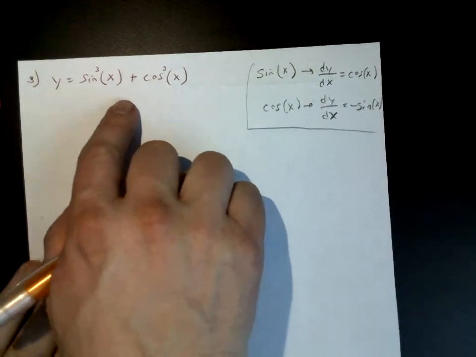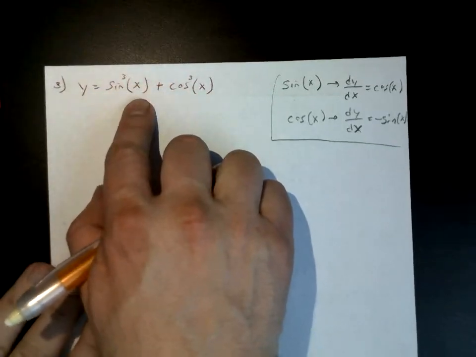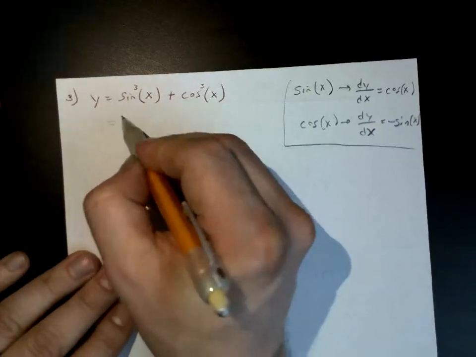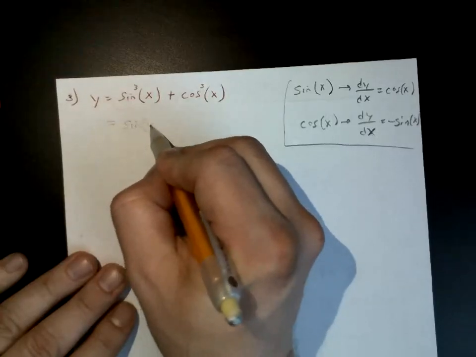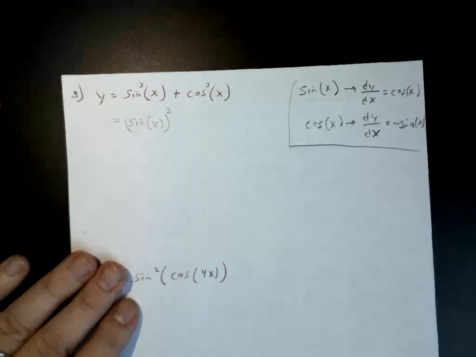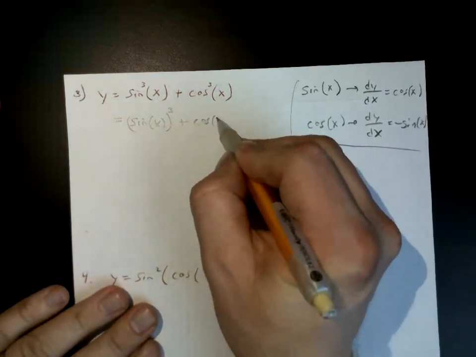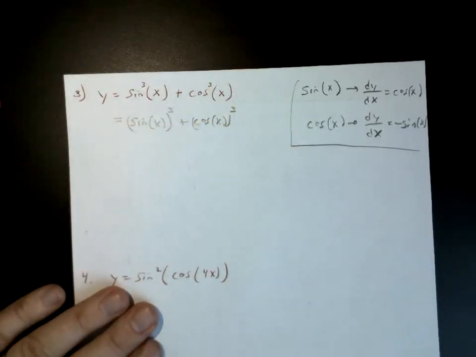So let's go over here. I know that some students don't realize that you can actually rearrange this. So here's what I mean by this. What if I take this 3 and go sine of x to the 3rd power? That is the same thing. And if I did cosine x to the 3rd power, it's the same thing.